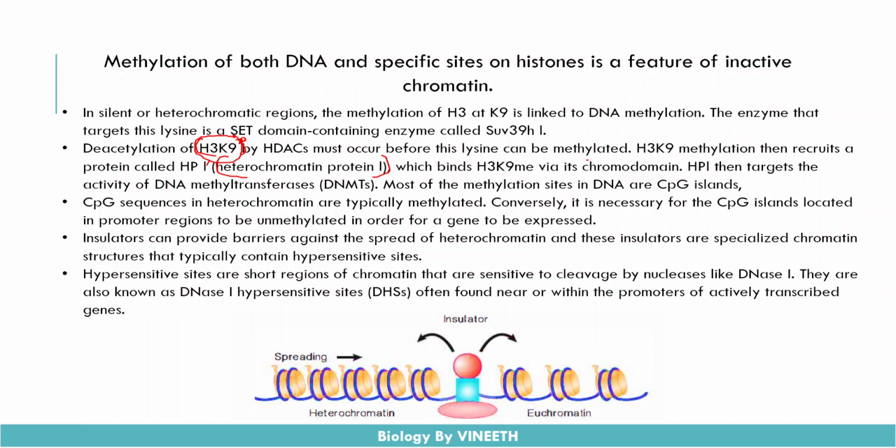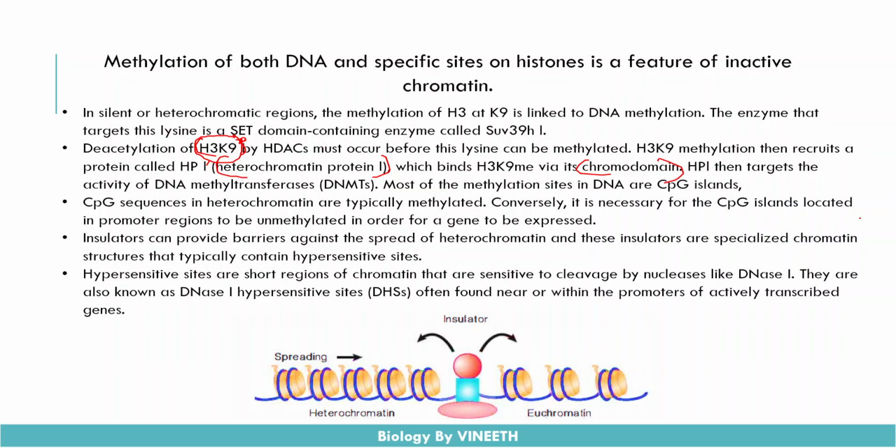By binding to this histone protein, it helps add the methyl group on the lysine amino acid, and it also converts euchromatin into heterochromatin. So these are the major enzymes involved in maintaining the heterochromatin states.